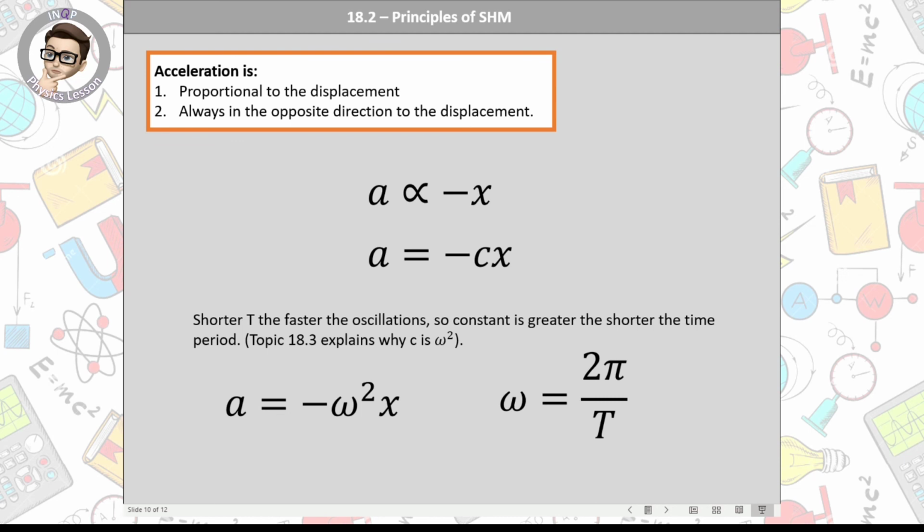And omega is our angular frequency, so 2 pi divided by the time period. So here we've now got our first SHM equation, which is acceleration equals minus omega squared x, where omega is 2 pi over T, and T is the time period.